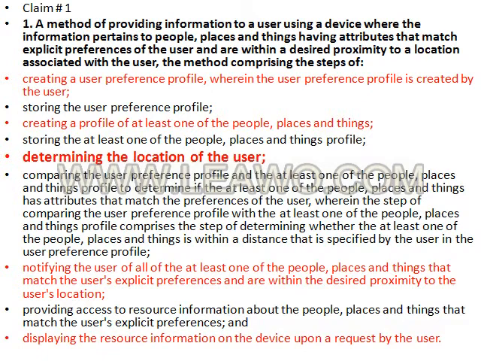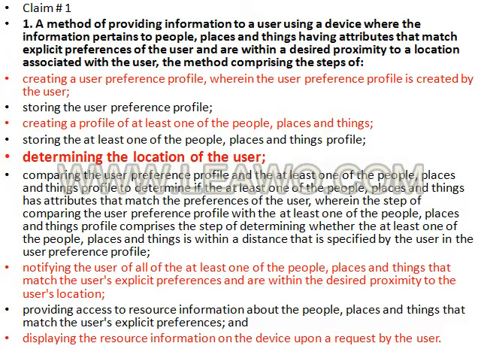Comparing the user preference profiles and the at least one of the people, places, and things profile to determine if at least one of the people, places, and things has attributes that match the preferences of the user, wherein the step of comparing the user preference profile with the at least one of the people, places, and things profile comprises the step of determining whether the at least one of the people, places, or things is within the distance that is specified by the user in the user preference profile.